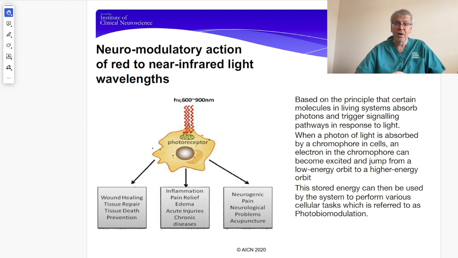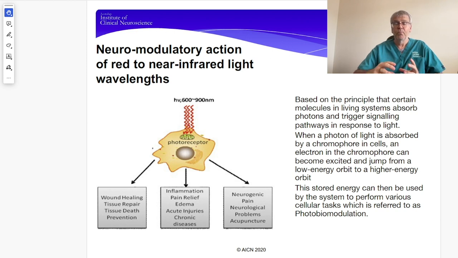And electrons become excited and they jump from low energy orbits to high energy orbits. And with this energy release, the system can use that energy to do things, most of the time in chemical reactions and things like that.